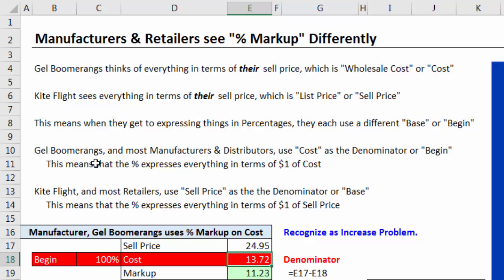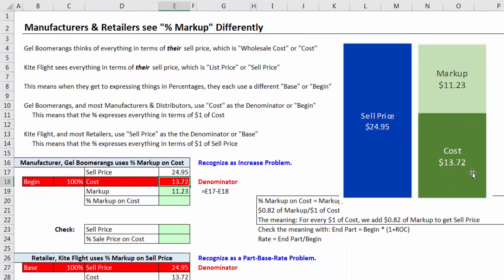Now, Gel Boomerangs and most manufacturers and distributors use cost as the denominator or begin value. That means this. In this diagram, if that's the begin value, if I add some amount, that makes this an increase problem until we get to the end part, which is the full sell price.